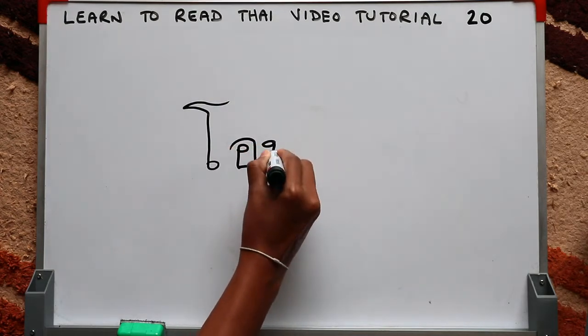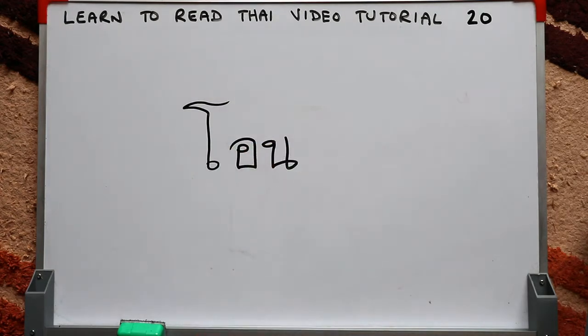And I said that with this vowel there's a bit of inconsistency. It's sort of pronounced two ways, and when we heard rong rian, it's like the O in song, and this is more like the O in own.